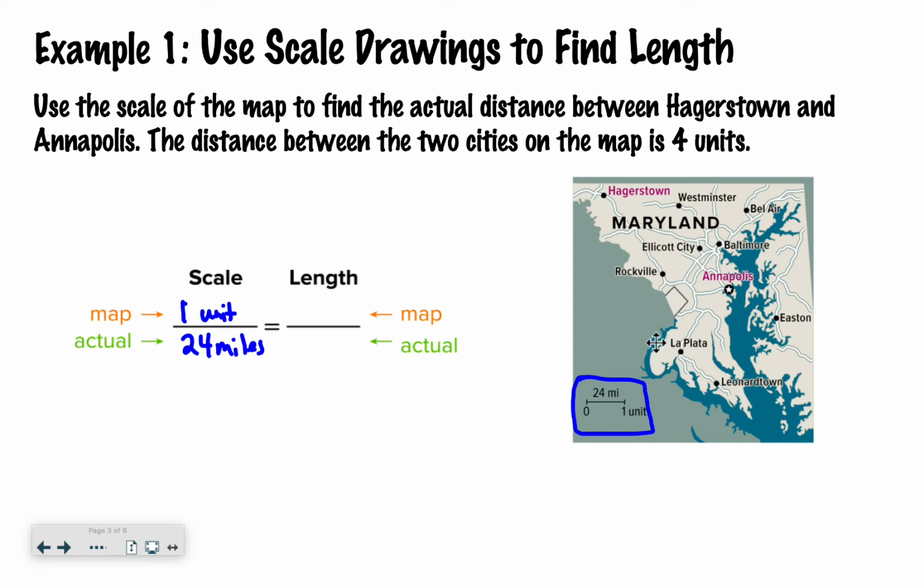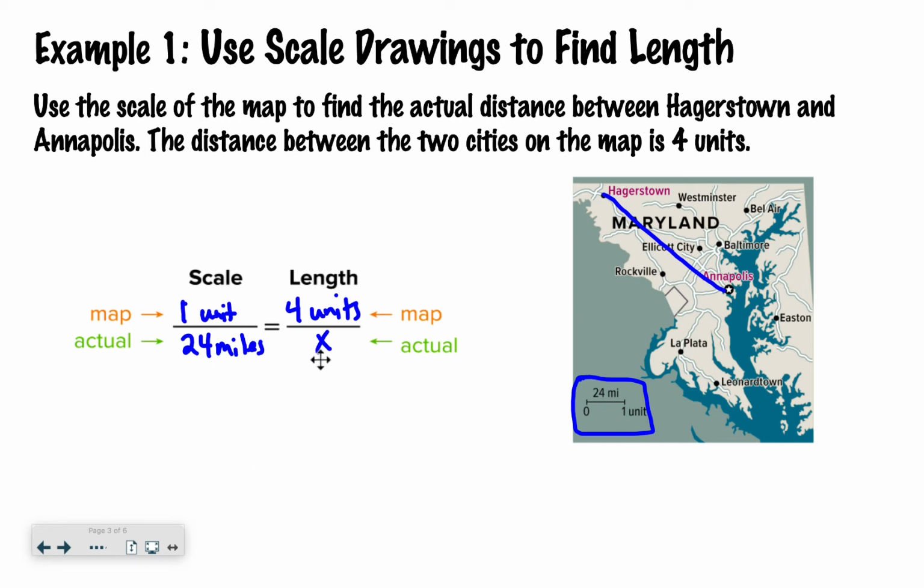If I want to use this map to figure out how far apart these two cities are, I measure on the map and see that it's 4 units. Then I want to figure out how many miles 4 units is. This is where you cross multiply.